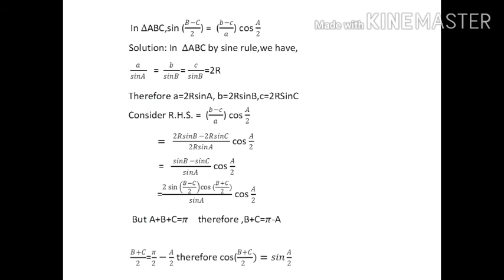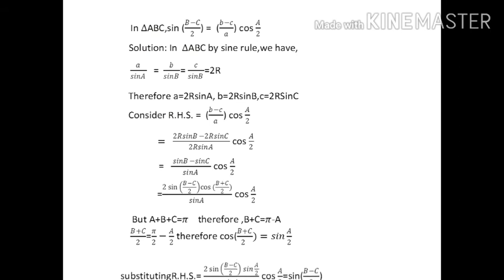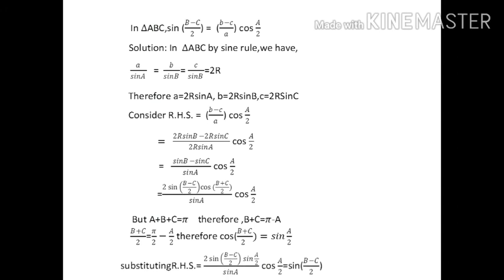So putting the value, we get sin A cancel, therefore we get sin((B minus C)/2), which is equal to RHS.